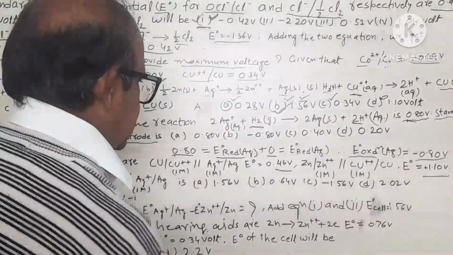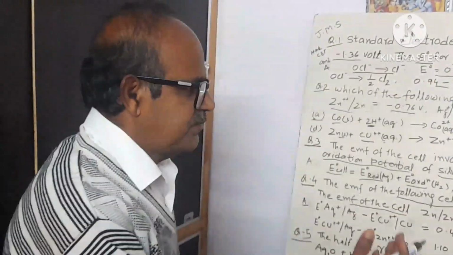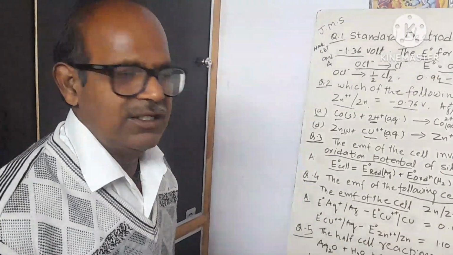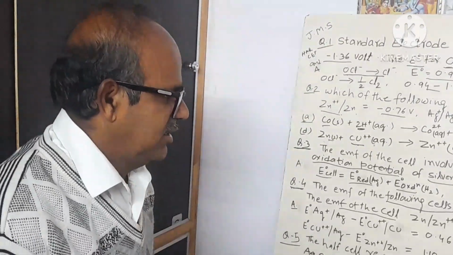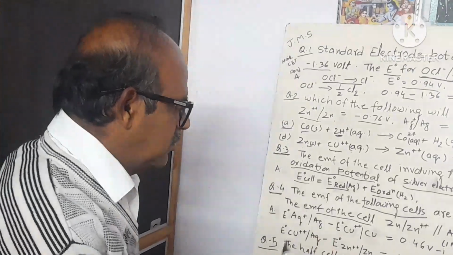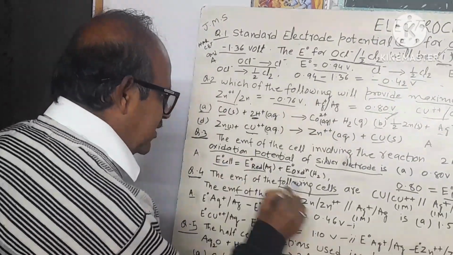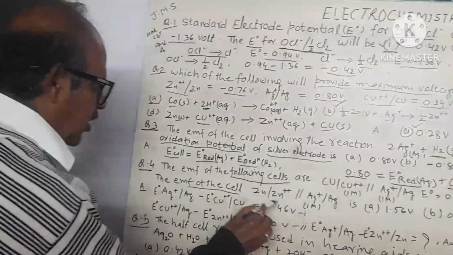Then how will you tell? This is again a different type of question, not straightforward, not easy. You have to just think how you will get this cell.